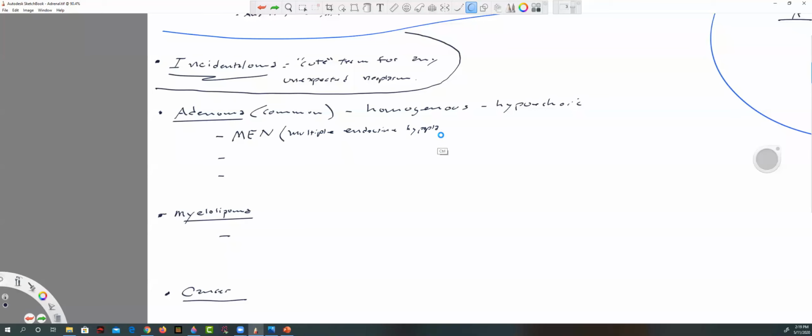I'm so used to saying hypoplasia that I started writing it out, and I'm like, well, that's not right. Neoplasia. There are a couple of syndromes that fall under MEN, multiple endocrine neoplasia, and these people have multiple endocrine tumors and neoplasias.